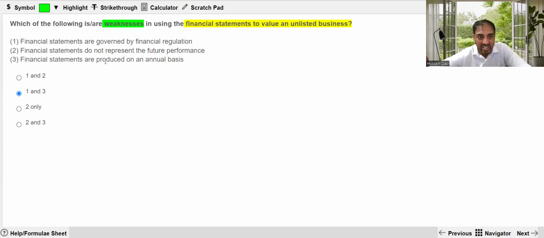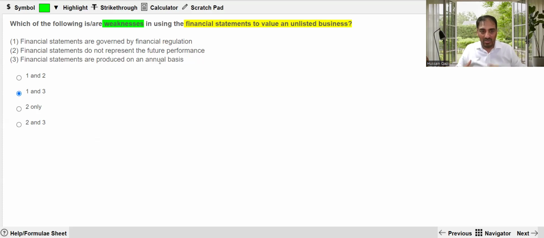Third point, financial statements are produced on an annual basis. So is this a weakness or not? This is a confusing point. Produced on an annual basis. This is not a strength. But is this a weakness or not, we need to identify. You need to consider this statement from the viewpoint of the usage of financial statements, not the maker, but the user, the investor.